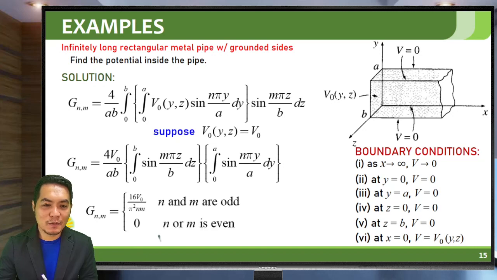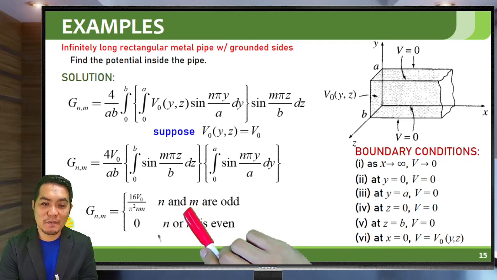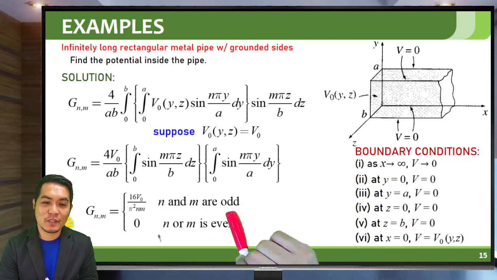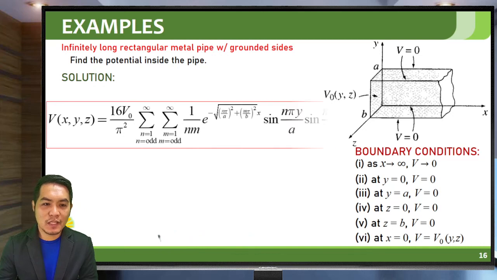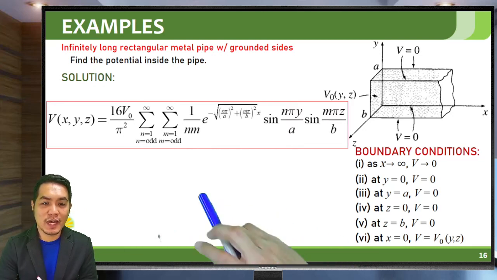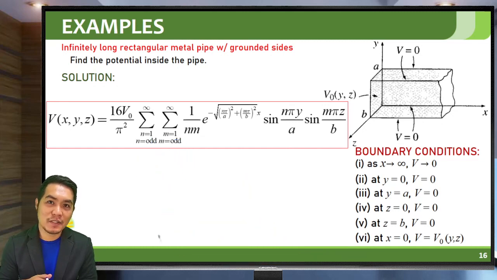So the condition is that both n and m must be odd, because if any of them is even, then the answer is 0. So this will now be the general solution for this problem, where n and m are both odd.